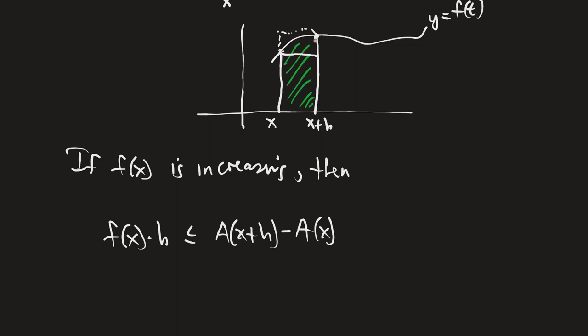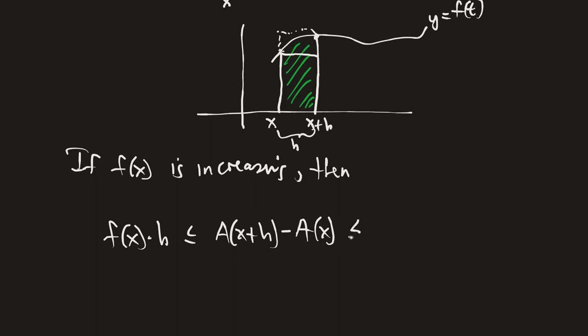And then if we take the larger of the two function values, so if we take the function and evaluate it at x plus h, that will give me that height, and if I multiply it by h, which is the length of this interval, I will get an area that's bigger than the area in green.